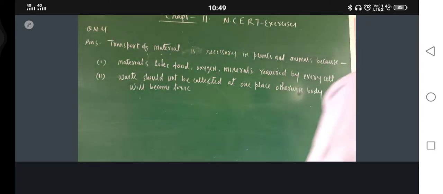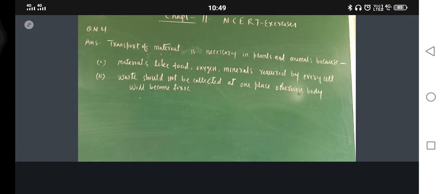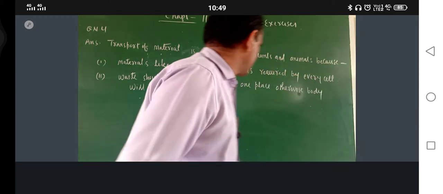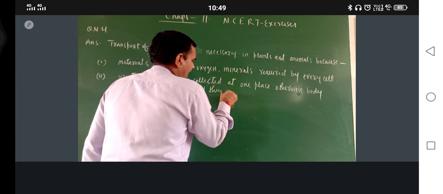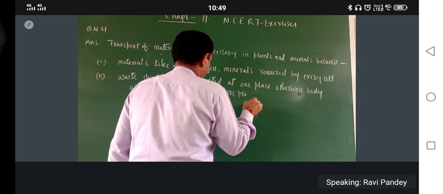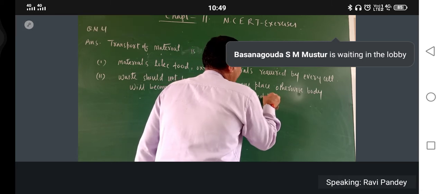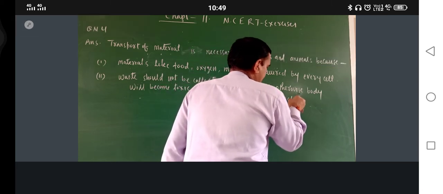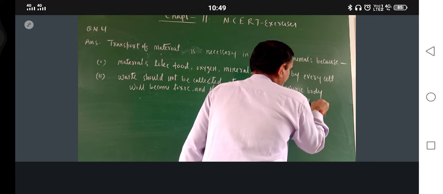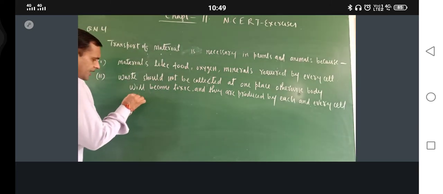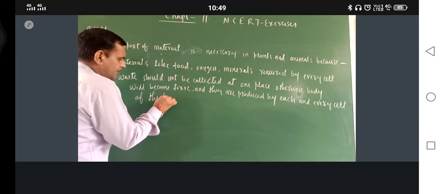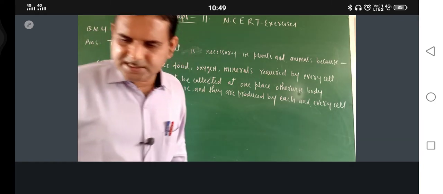So because of these two reasons, transportation of material is required. Waste should not be collected at one place, otherwise the body will become toxic. And waste is produced by each and every cell of the body.